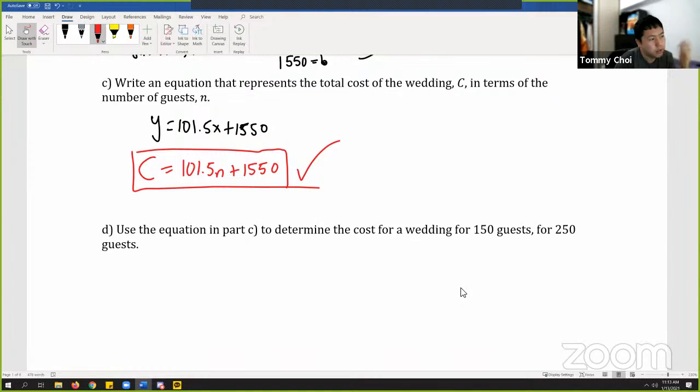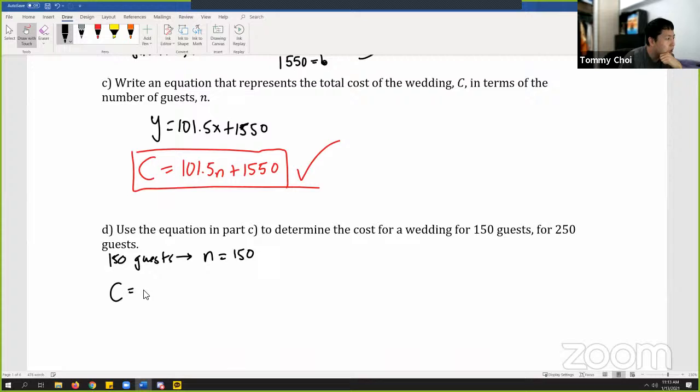Then it says use the equation in part C to determine the cost for a wedding for 150 guests and then 250 guests. For 150 guests, that's telling us that n equals 150.